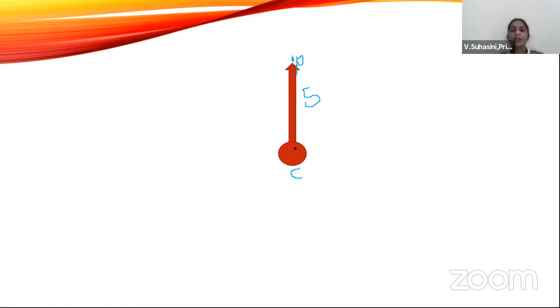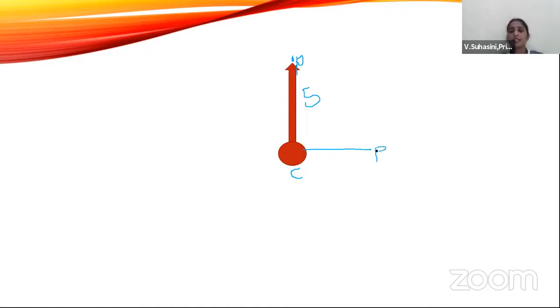But dear children, is it the only point that exists in the plane which is at a distance of 5 centimeters from C? I repeat the question. Is it the only point that is at a distance of 5 centimeters from a fixed point C? No, there are many points. For example, from here also I can take a point.